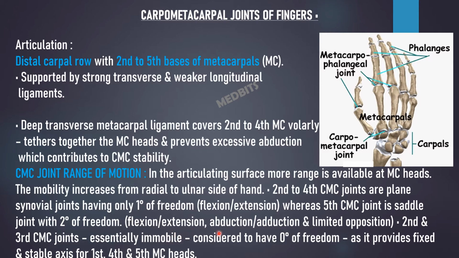Second and third carpometacarpal joints are essentially immobile, considered to have zero degrees of freedom, as they provide a fixed and stable axis for the first, fourth, and fifth MC heads.